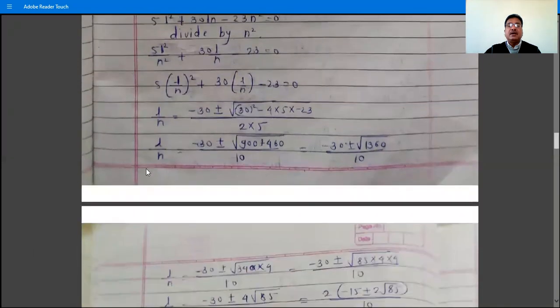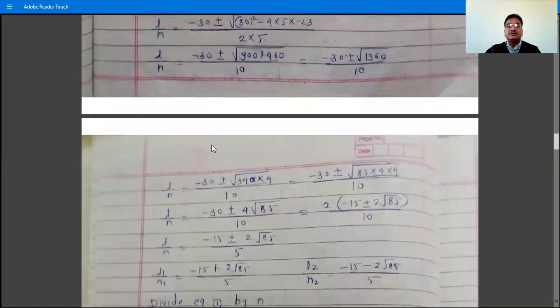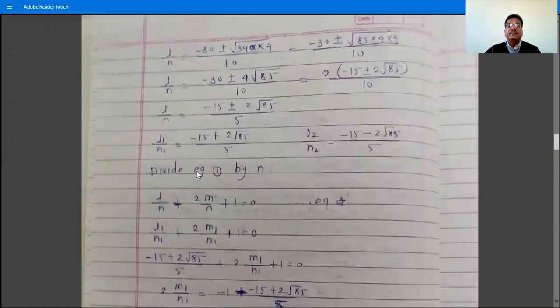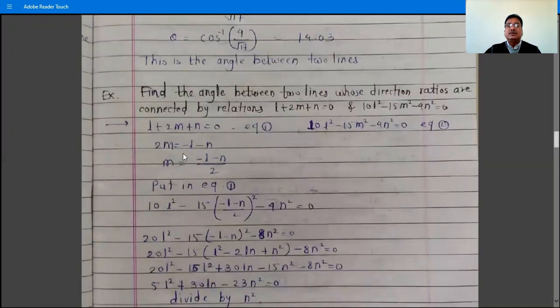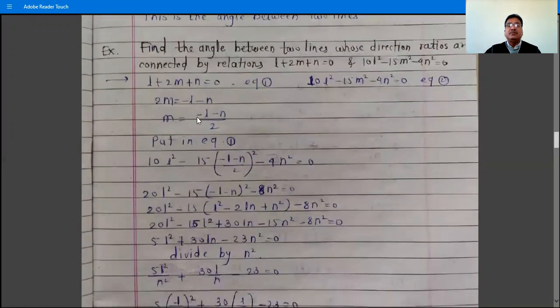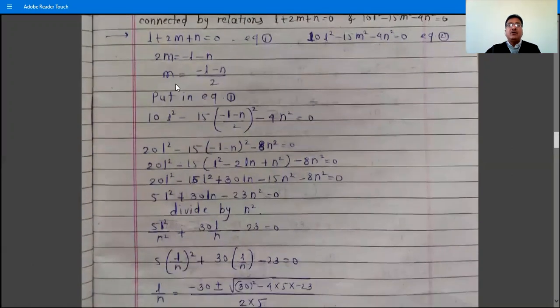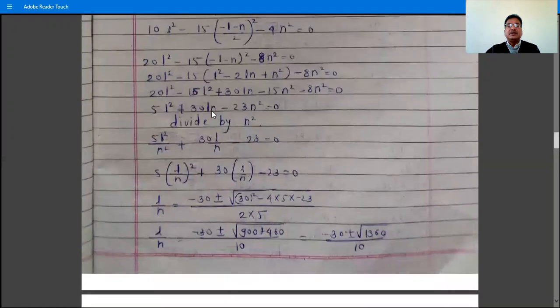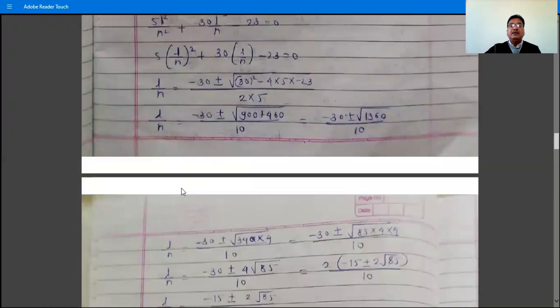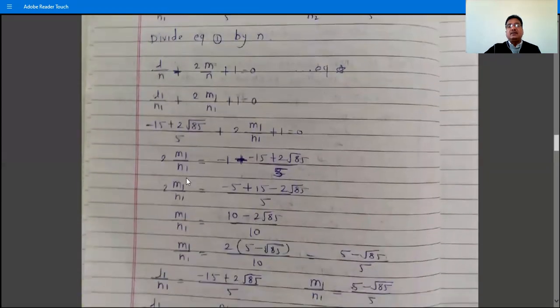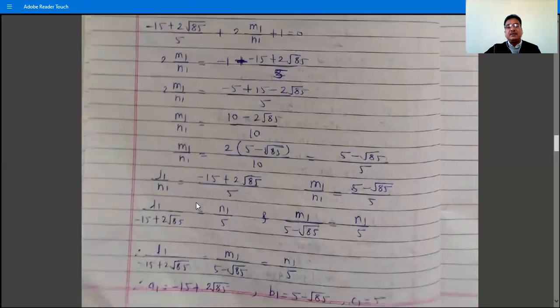Then we have a quadratic equation in L by M. Dividing by M square, obtain the two values of L by M, naming them L1 by M1 and L2 by M2.